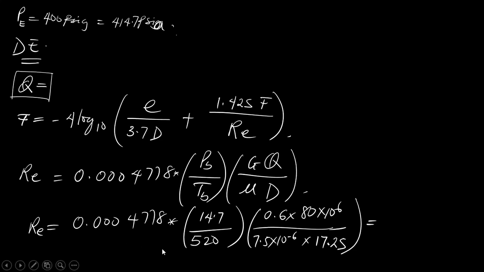So let's make use of our calculator to calculate it. Now we have 0.0004778 times 14.7 divided by 520 times 0.6 times 80 times 10 raised to power 6 divided by 7.5 times 10 raised to power minus 6 divided by 17.25.